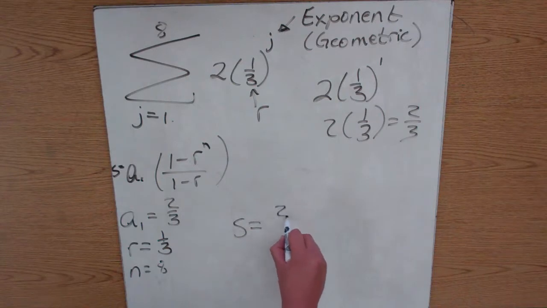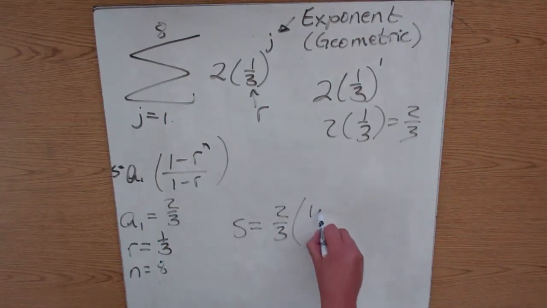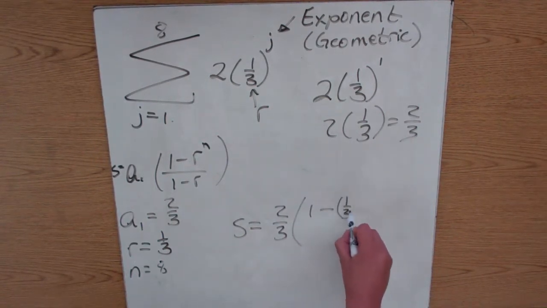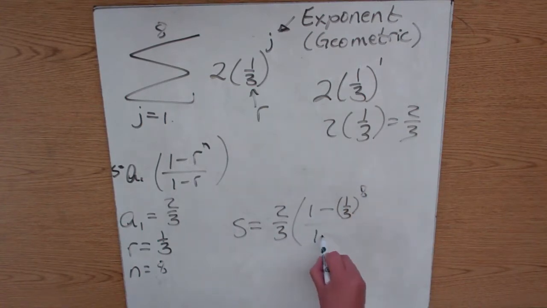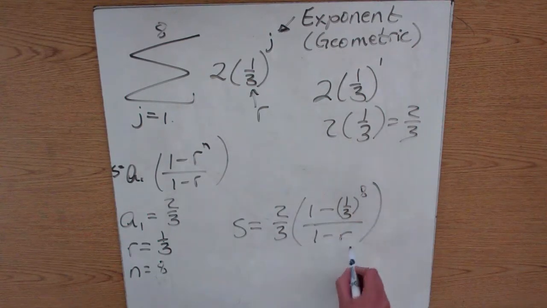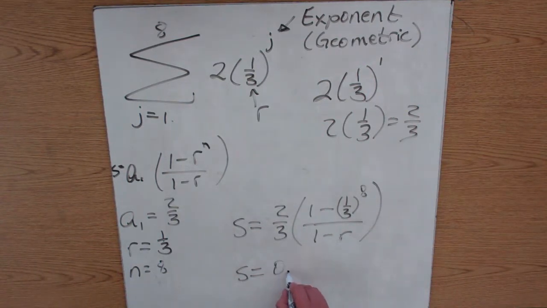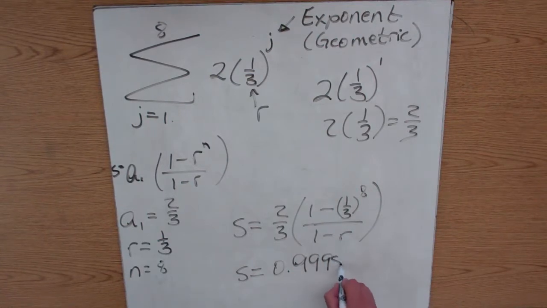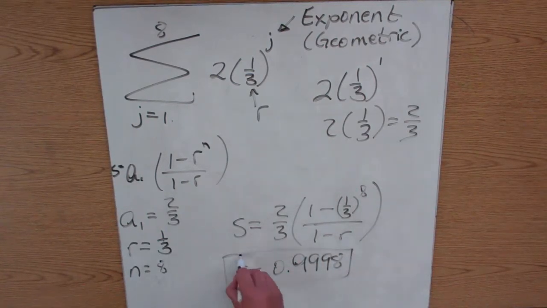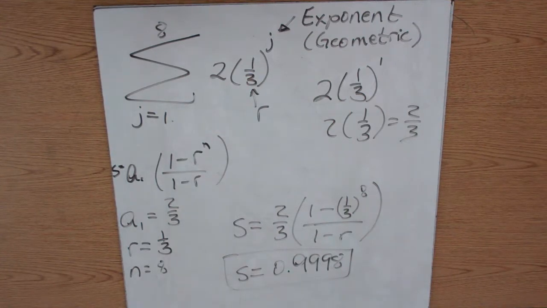So our sum equals 2/3 times 1 minus 1/3 raised to 8 over 1 minus r. Plug this into your calculator, and remember, do not round, and your answer should come out to 0.9998. All right, do not round this to 1.